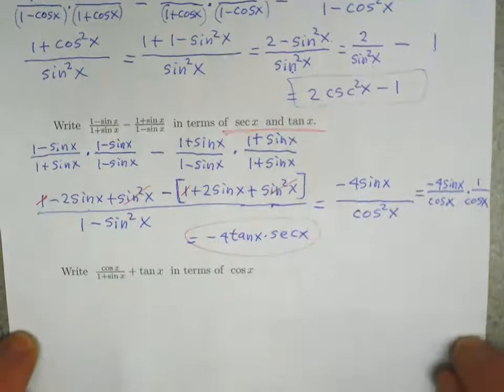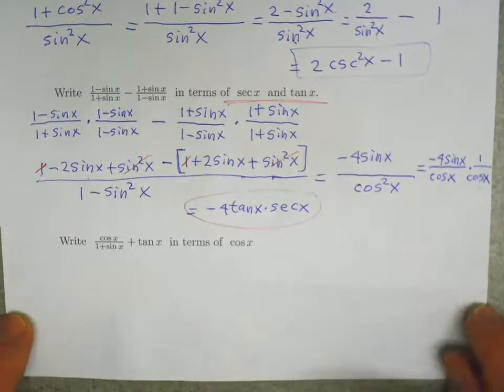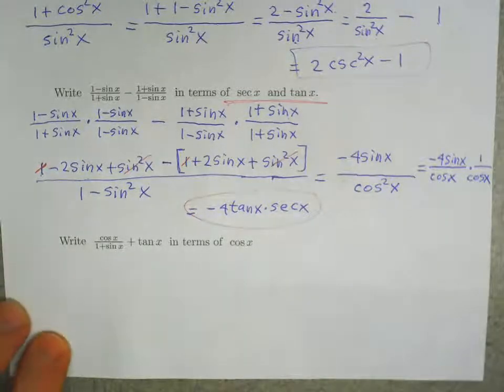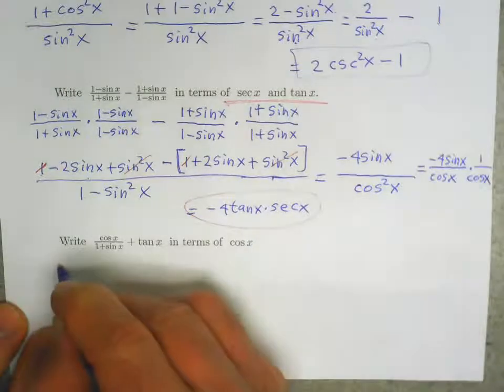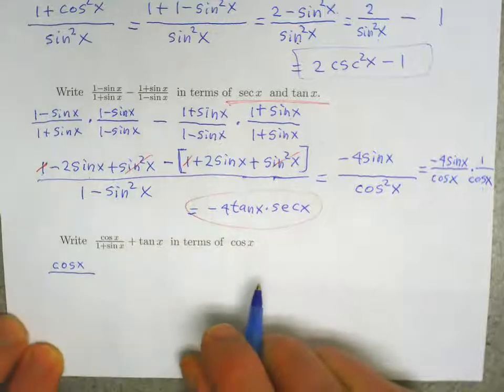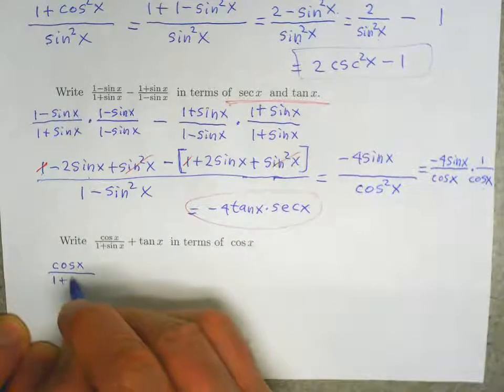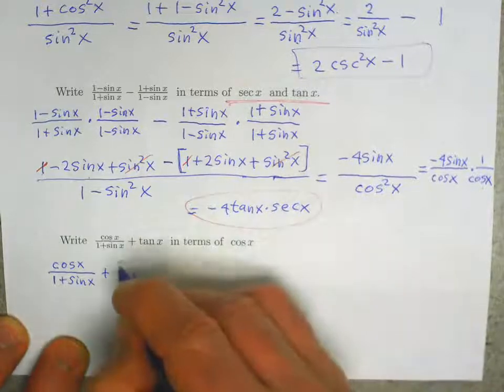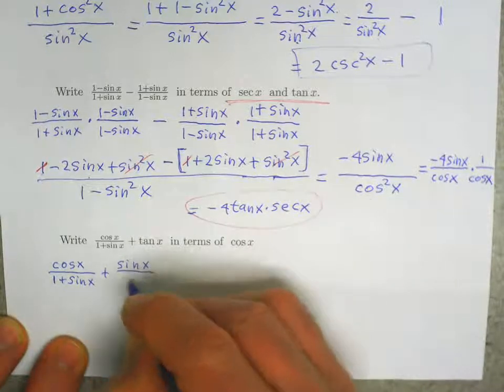Okay, the next exercise, write cosine of x divided by 1 plus sine of x plus tangent of x. Write it in terms of cosine of x. Okay, so the first step, at least the way I would start it, I would replace tangent of x with sine of x over cosine of x.